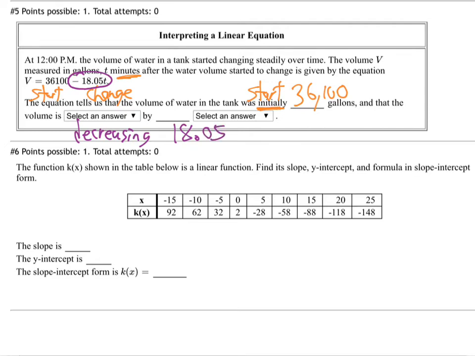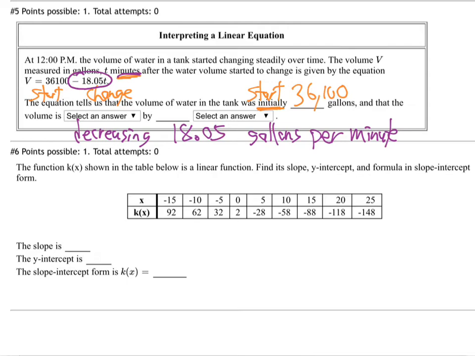The word decreasing is kind of like being the negative. And then they're probably going to want units there. Did they say what the units were? Oh, gallons. Gallons per what? Minute. Because the T was in minutes on that one.